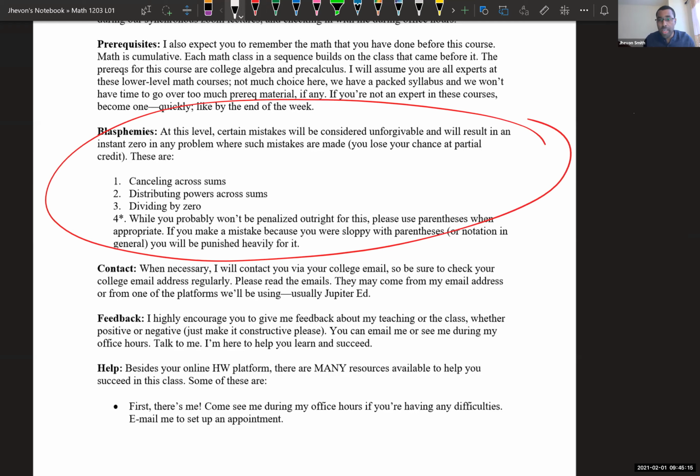Contact. When necessary, I'll be contacting you. It can come from several places. More than likely, I'll contact you through my email, which is jsmith306@fordham.edu, or it'll come from something like Jupyter Ed, which is where your grades are going to be kept. So make sure you can do that. And by the way, I should ask, did everyone actually get an email from Jupyter? So, okay, so some people, I don't know.